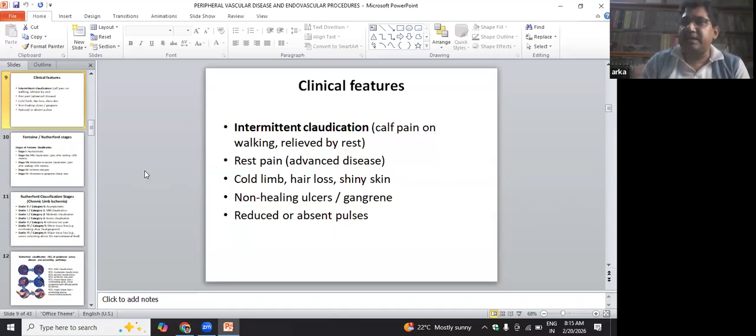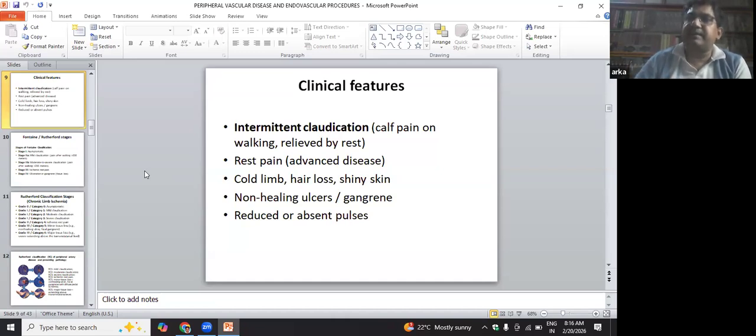Initially, pain will be reduced if you walk for some time, but if the disease progression is worsening, even after walking pain will not reduce and will come even at rest, which is called rest pain. So intermittent claudication is an important thing to assess how the peripheral arterial disease has progressed.